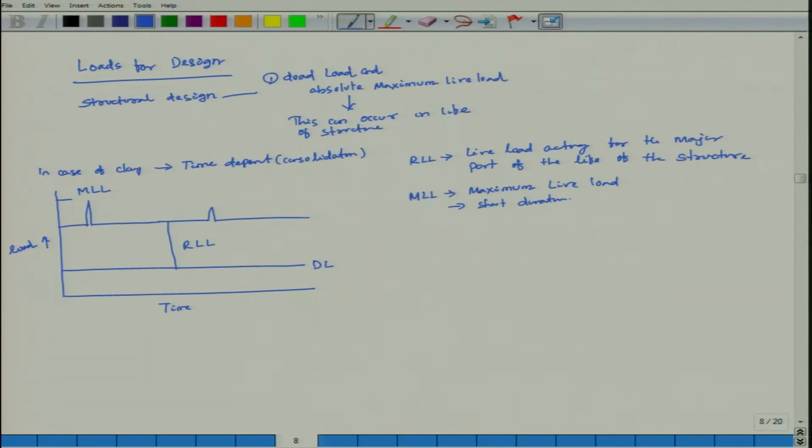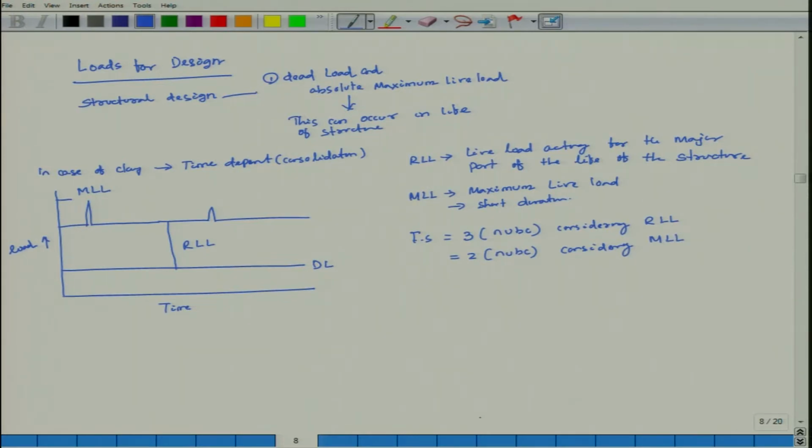Generally, a factor of safety of 3 is taken on net ultimate bearing capacity considering RLL, the reduced live load, and a factor of safety equal to 2 on net ultimate bearing capacity considering maximum live load.